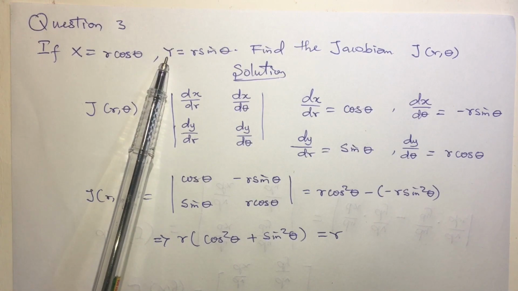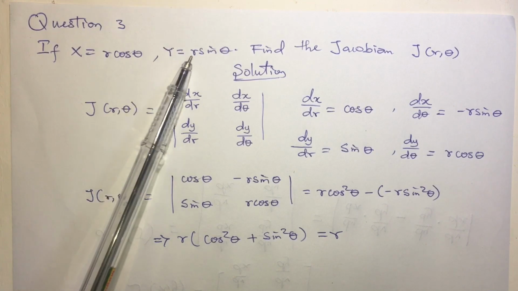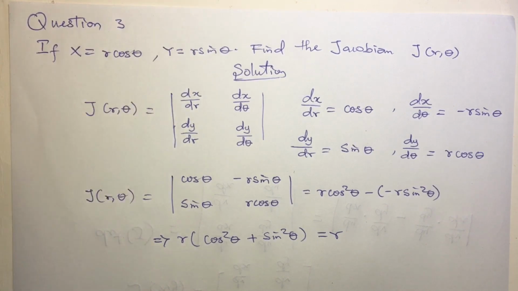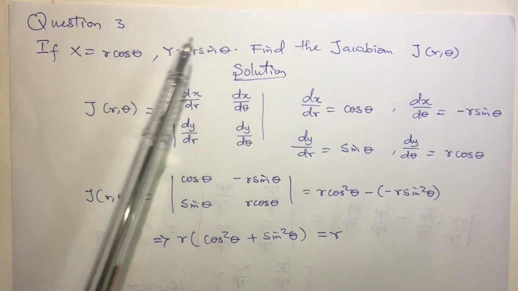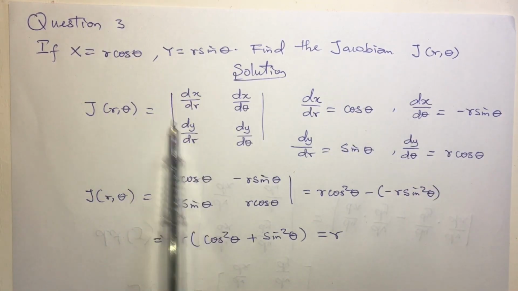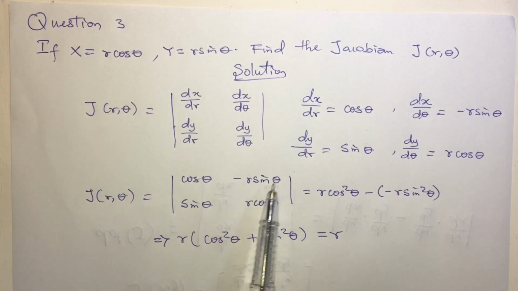Now the y over the r is equal to sin theta, because when you differentiate r sin theta, the r is being reduced, so what is left is sin theta. And differentiating y with respect to theta, we have r cos theta. Now putting all of this back into this place, we have cos theta, negative r sin theta, sin theta, and r cos theta.